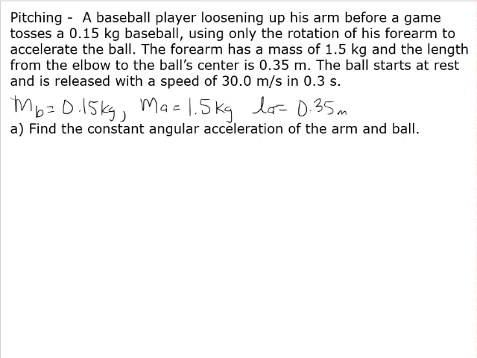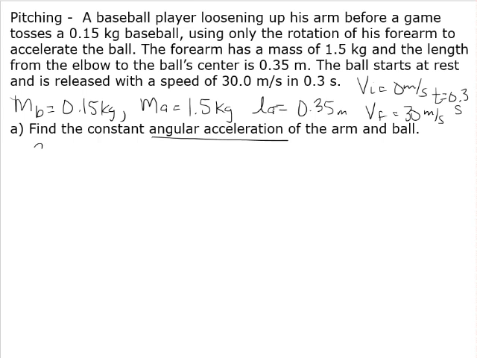The ball starts at rest, so we know v initial is 0 meters per second, and v final goes up to 30 meters per second, and then finally our time is 0.3 seconds. We want to find the constant angular acceleration of the arm and ball.